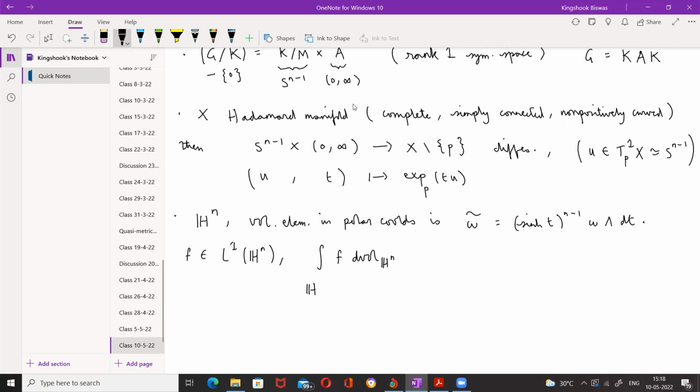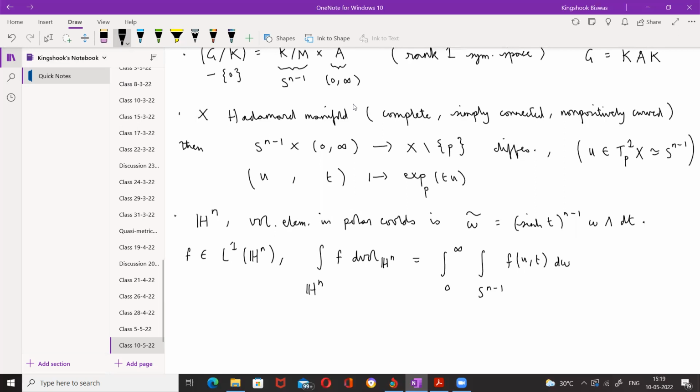If I use polar coordinates, this becomes the integral from 0 to infinity of the integral over S^(n-1), where f becomes a function of ut, and then I have dω, the volume element of S^(n-1), the round sphere.